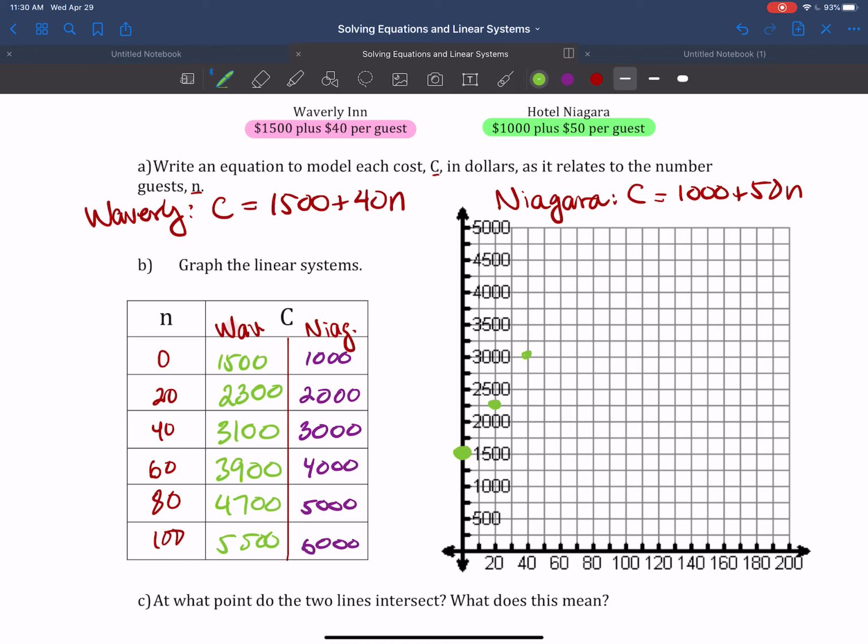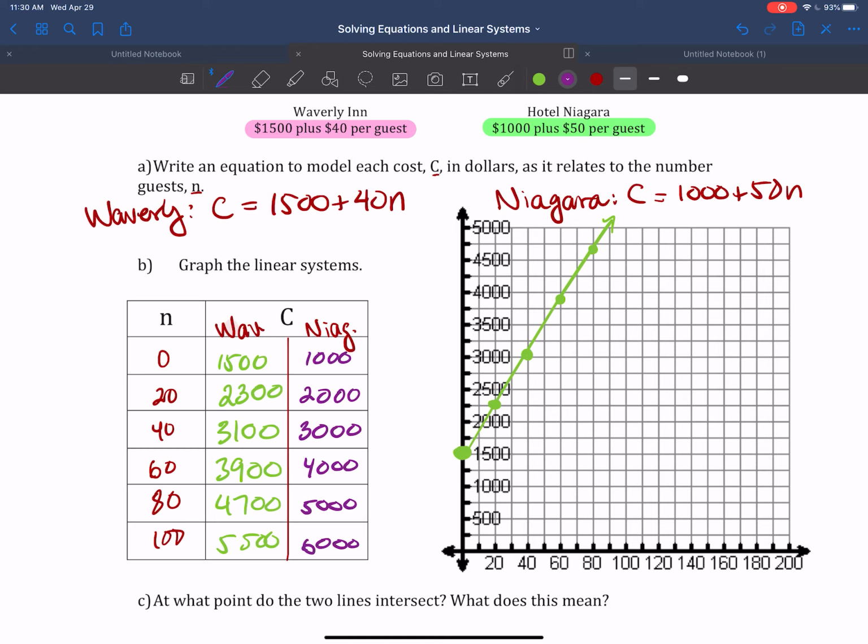Again, you got to estimate a little bit, but that's okay. 60, 3,900. 80, 4,700. And 155, which goes off the graph. So this is our approximate graph.